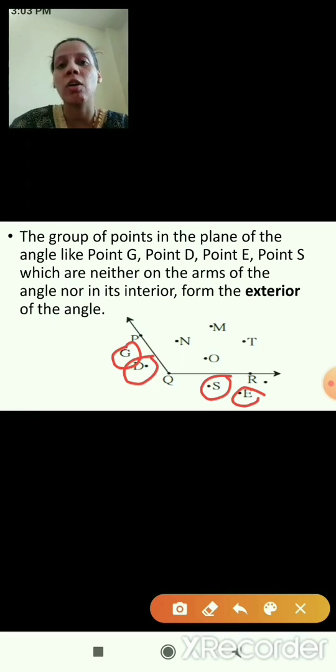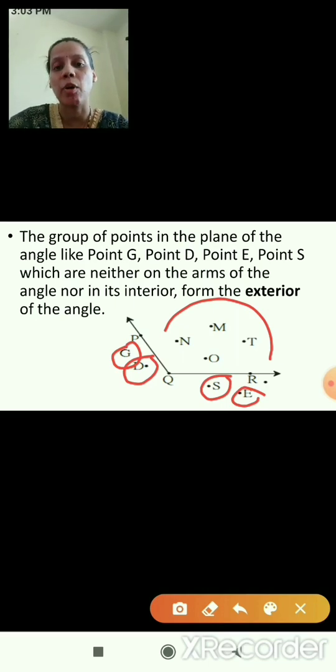So these are called exterior points. Why? Because they are not on the arms of the angle and they are not in its interior. Means they are not inside the arms and not on the arms. I hope you are clear with this. These are exterior points and these are interior points.